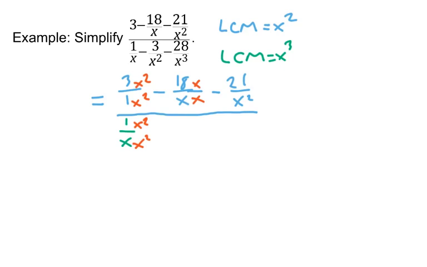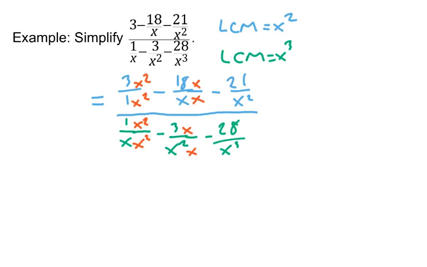Then I have 3 over x squared. I need an x cubed, so I'll need to multiply by one more x in the numerator and denominator. And then finally, the 28 over x cubed already has the x cubed denominator. Okay, that looks kind of nice.